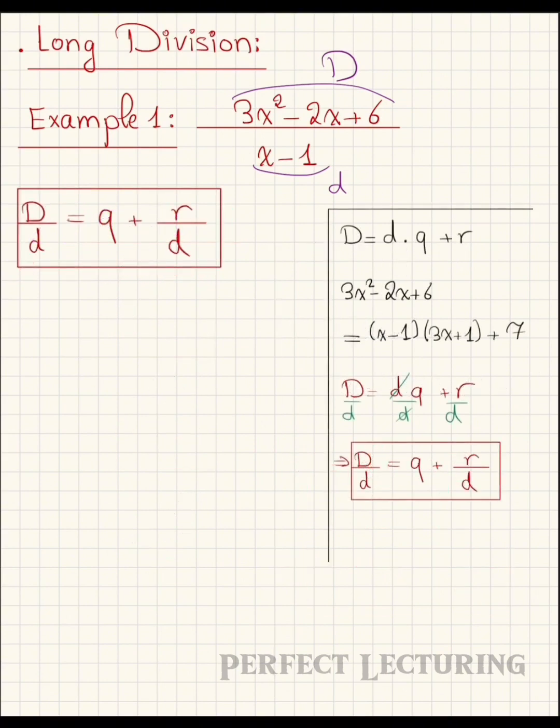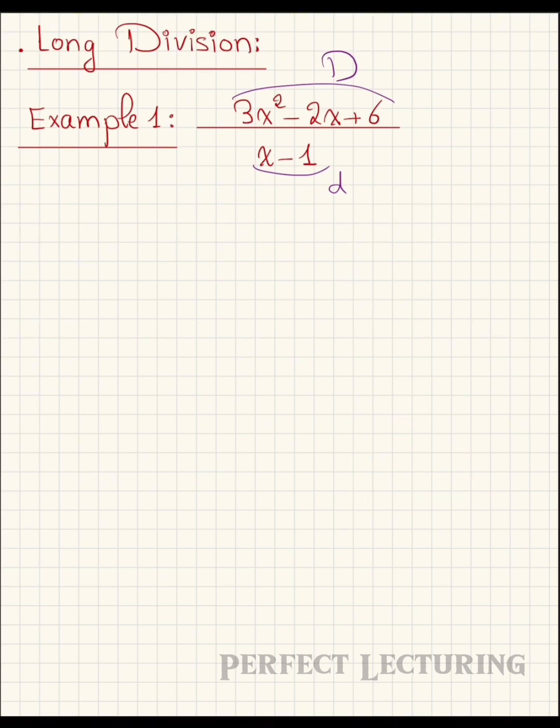So let us apply it on our example. This becomes 3x squared minus 2x plus 6, that's the dividend, over the divisor, which is x minus 1, is equal to the quotient, which is 3x plus 1, plus the remainder 7 over the divisor again, which is x minus 1. Now I'm going to repeat the same example. Some students follow this way of dividing.